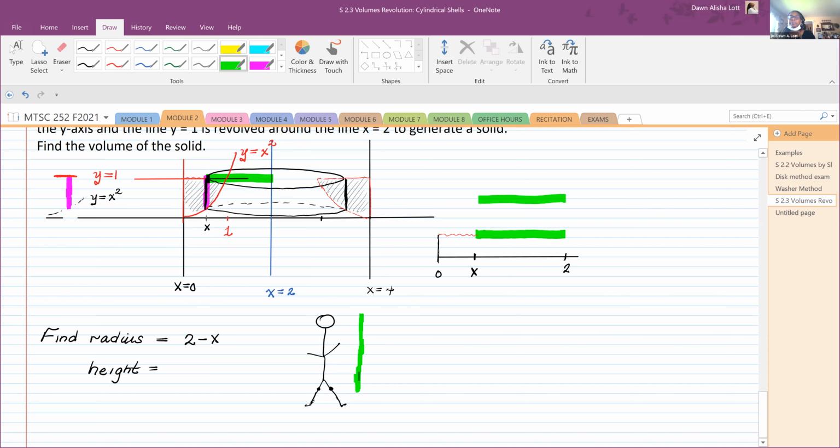If I know how tall you are to the ground, and I subtract off the distance from your knees to the floor, then I have the distance from your head to your knees.